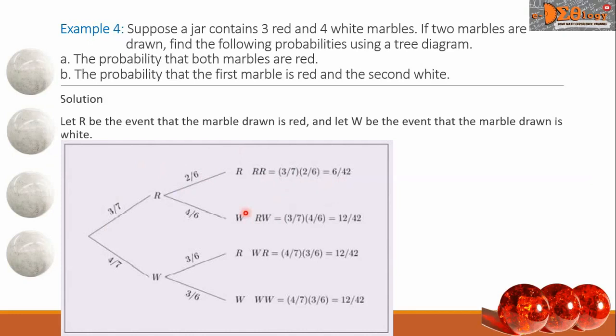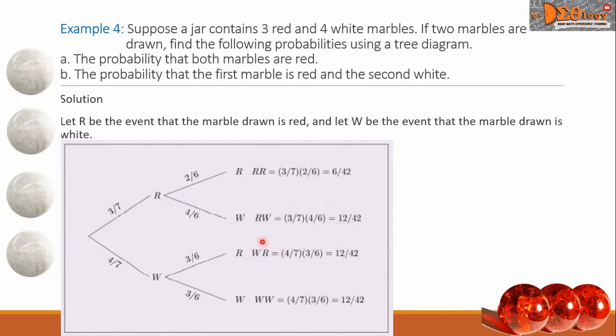This RW means taking a red marble in the first draw and a white marble in the second draw. We multiply the probabilities as per our tree diagram. So we have 3 over 7 times 4 over 6, and we get 12 over 42.